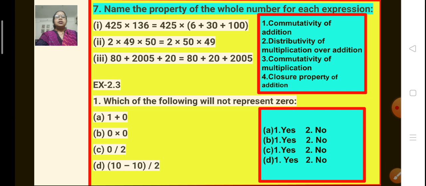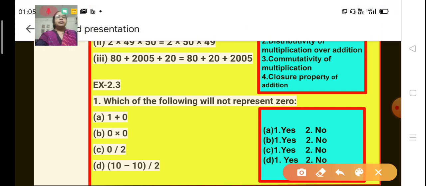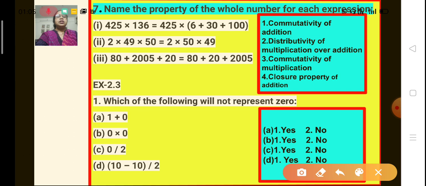So here, which of the following will not represent 0? First one, 1 plus 0. When we add 0 to a whole number, what do we get? We get the number itself. So the first one will not represent 0, it will be a whole number. And the second one, yes, it will be 0. Here 0 divided by 2, again it will be 0.